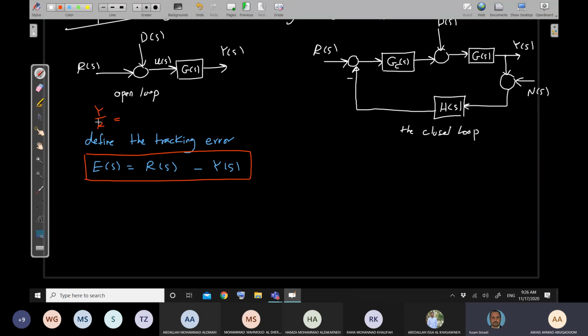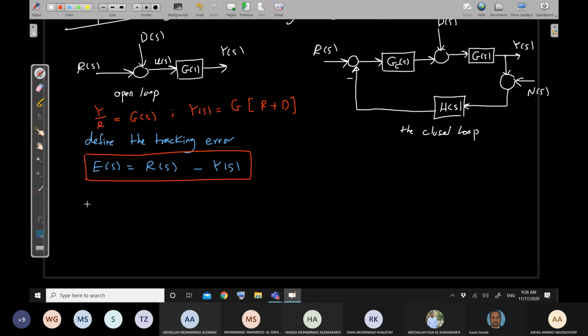Just a minute, this is Y over R, so it will be G. So now, if I'm telling you to find Y(s), you will tell me it equals G multiplied by R plus D. So can you find the error signal now?